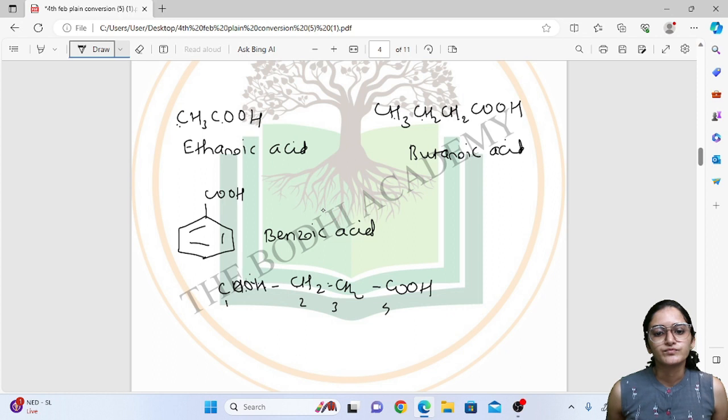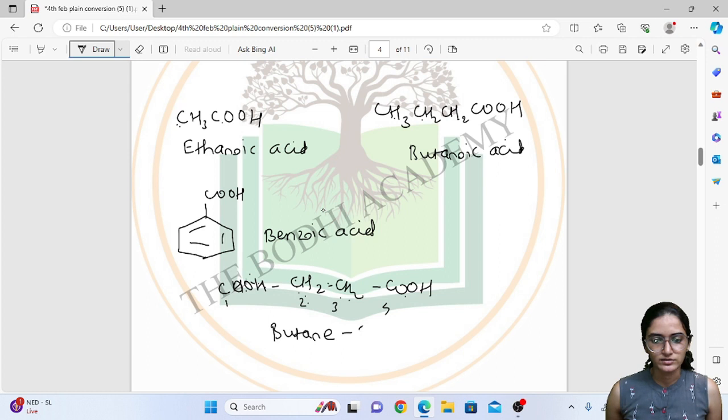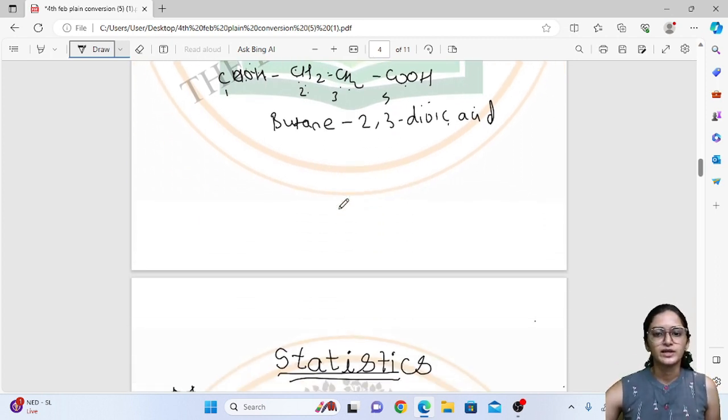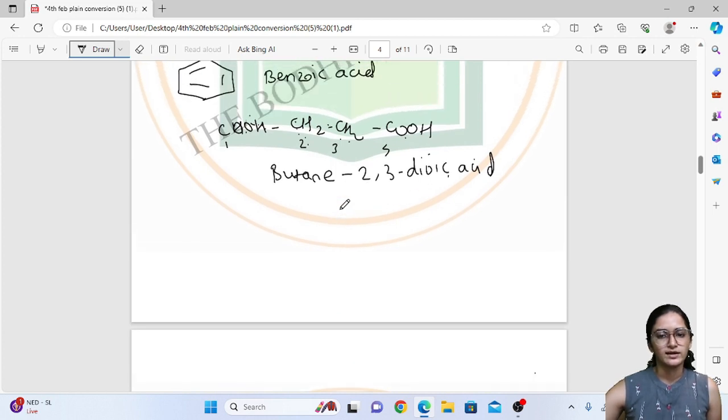Now here this acid is attached to this carbon, this acid is attached to this carbon. So the name will be butane, since there are 4 carbons, and the acid groups are attached to second and third. So butane-2,3-dioic acid. Since there are 2 acidic groups, the name will be dioic acid. Okay, so butane-2,3-dioic acid.